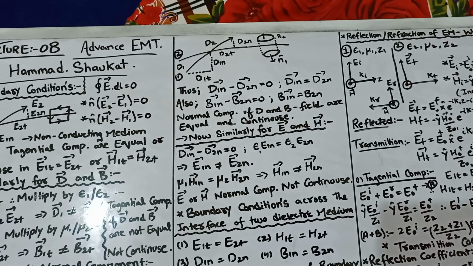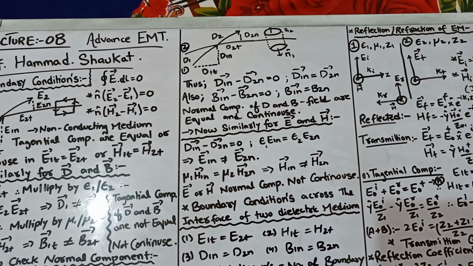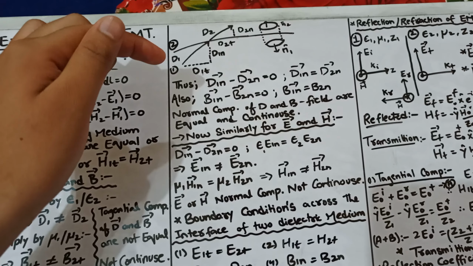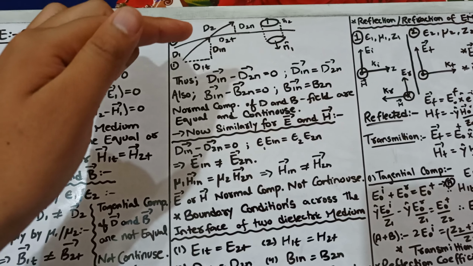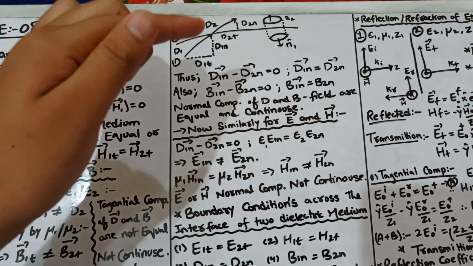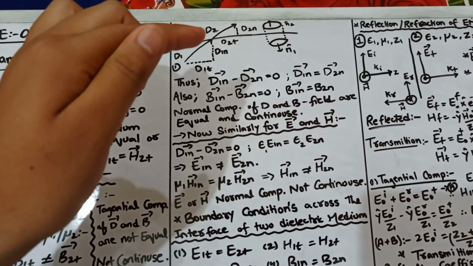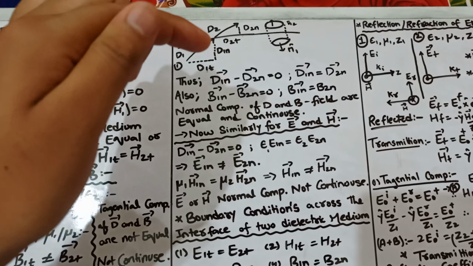This is the normal of this surface. Again you can see your electric field D is coming from one medium and going into medium 2, so you have to make rectangular components like this and like this.